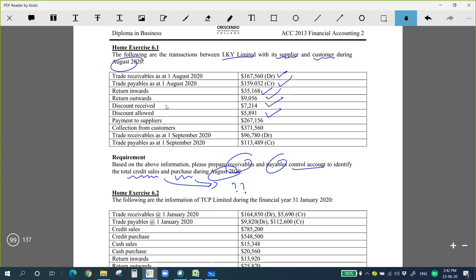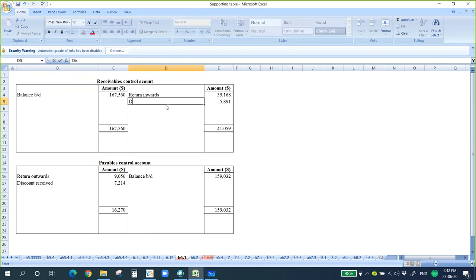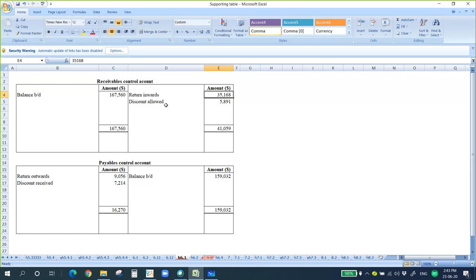Yes, discount allowed related to your customer. And debit 5891. So this is discount allowed. So when you give discount to your customer, the amount that they're owing to you will reduce. That's why we credit in the receivables control account. Very good.